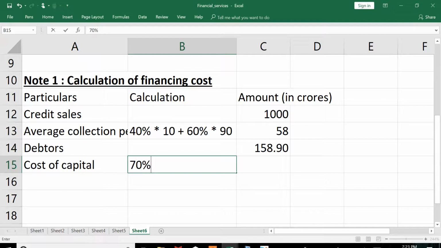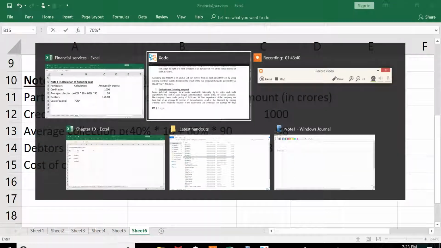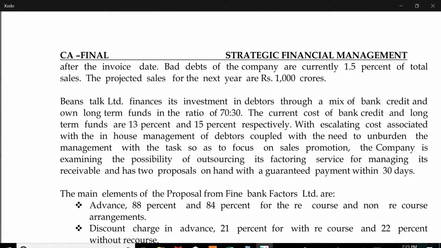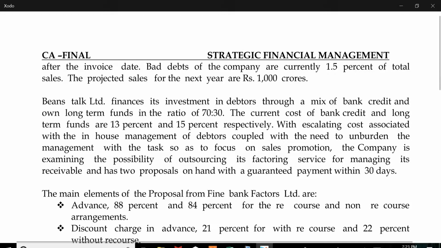70% is at what rate? 70% is bank credit, 30% is own funds. Bank credit is at 13%, own funds is at 15%.